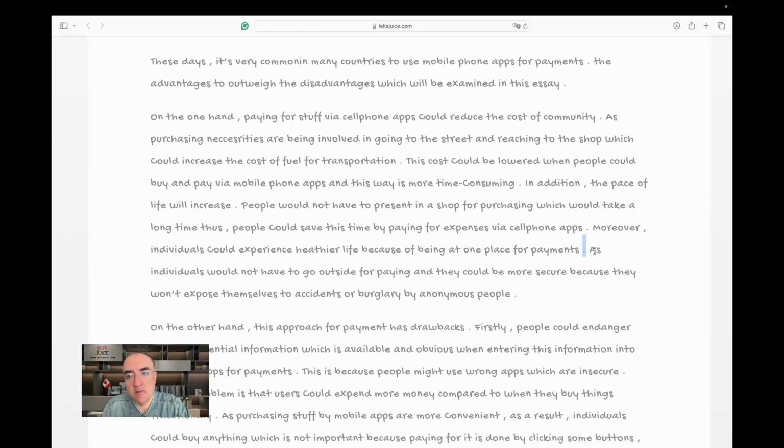I don't need this period. As individuals do not have to go outside for paying, and they can be more secured because they will not expose themselves to accidents or burglary by anonymous people.